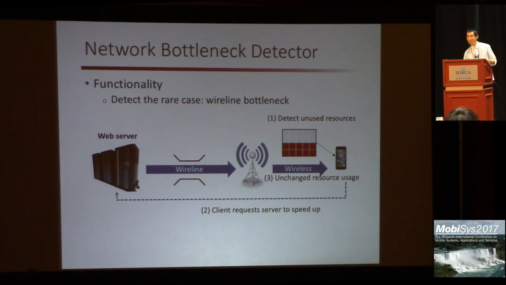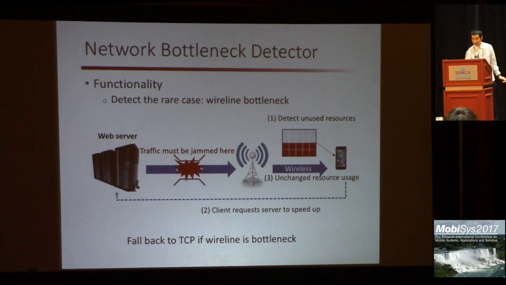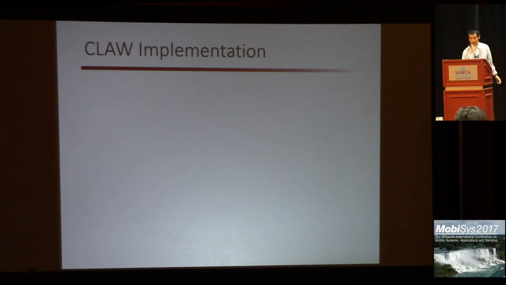However, if the resource utilization does not change, then we know the actual traffic must be jammed somewhere on the WAN part. So in this case, we will fall back to conventional TCP to guarantee fairness.